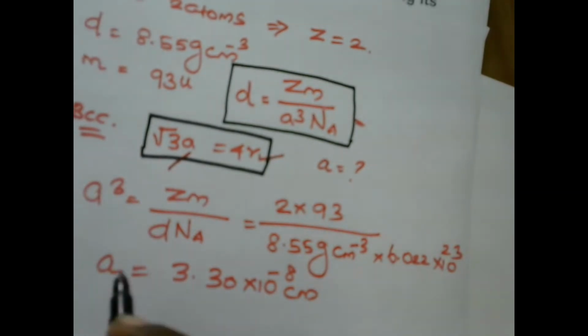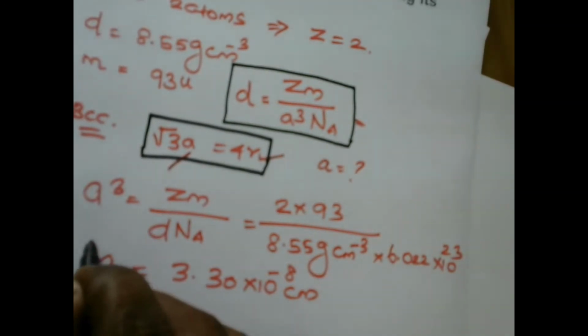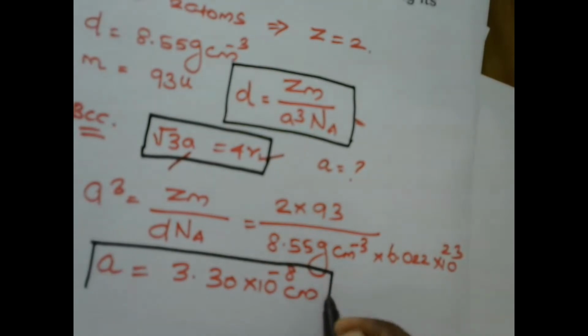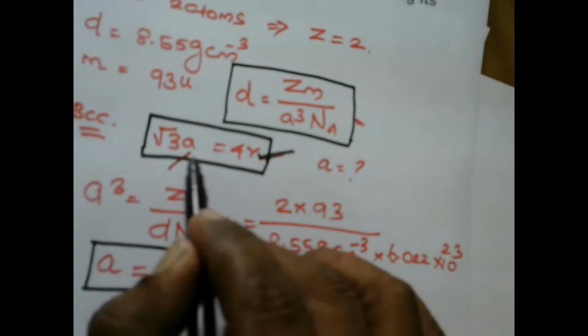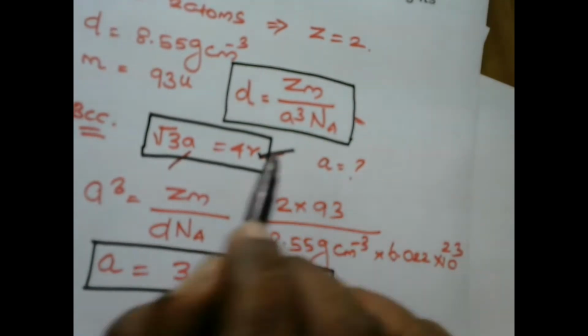So from this simplification, we get the value of A as 3.30 into 10 to the power of minus 8 centimeter. Already we have the equation root 3 A is equal to 4R.